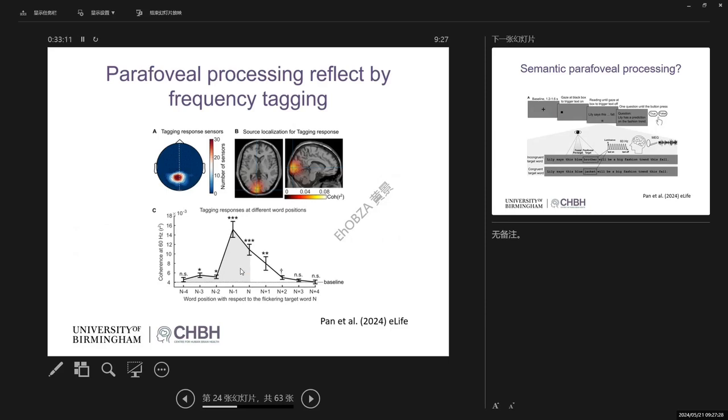This graph here shows the flicker response from sentences, and it is word N that we flicker, right? So when you fixate at that word, you get a fairly strong response. The interesting thing is that if you fixate before that word, you get an even stronger response.